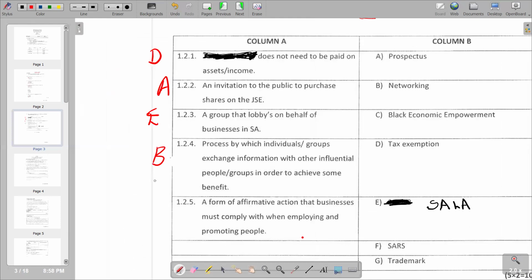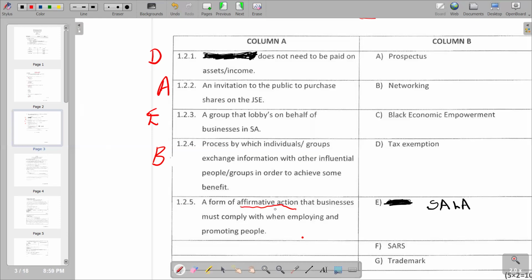Then 1.2.5, a form of affirmative action that business must comply with when employing and promoting people. Affirmative action is a set of policies and practices within a government or organization seeking to benefit a marginalized group. Having that explanation, we try to see which one matches.